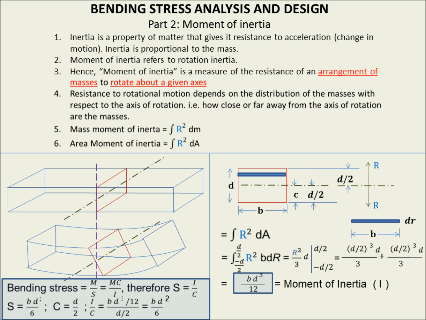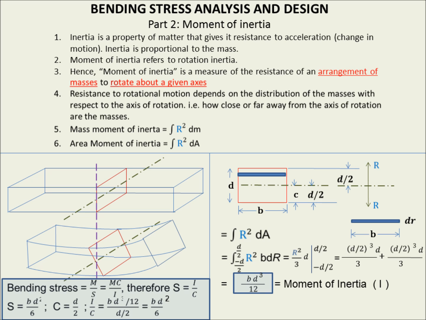Now, we know that bending stress can be represented as the moment applied divided by the section modulus, and it's also written as Mc over I. Therefore, the section modulus is equal to I over c, where I is the moment of inertia and c is the distance to the neutral axis. So we can demonstrate this by doing the simple math.